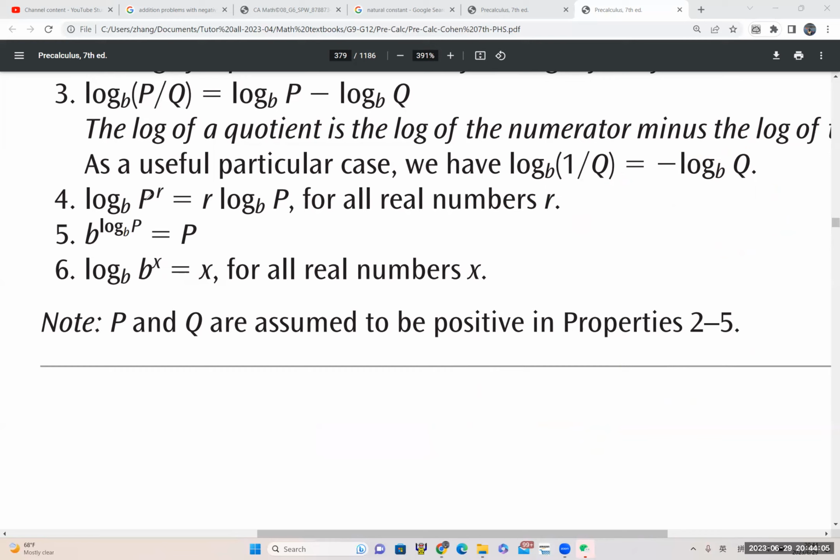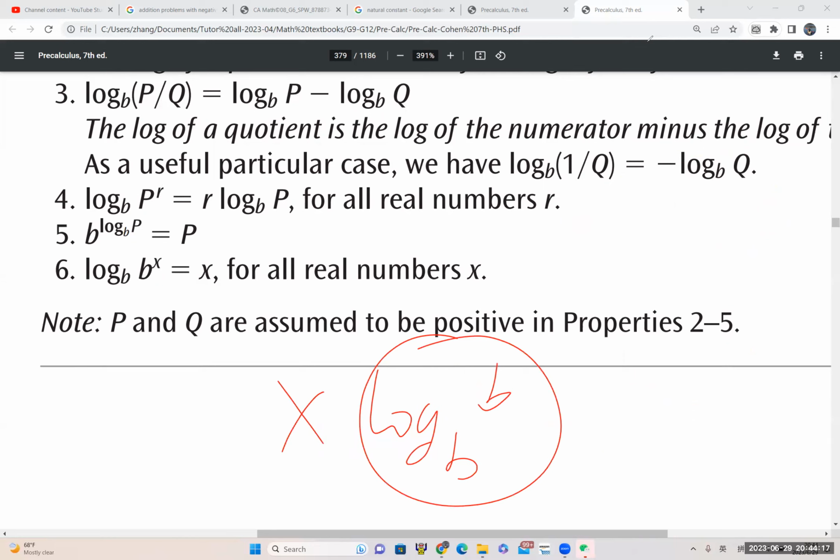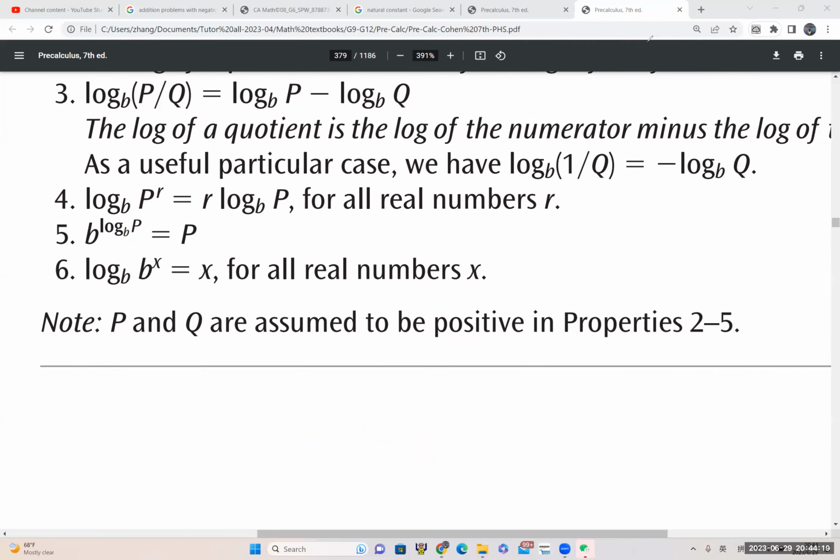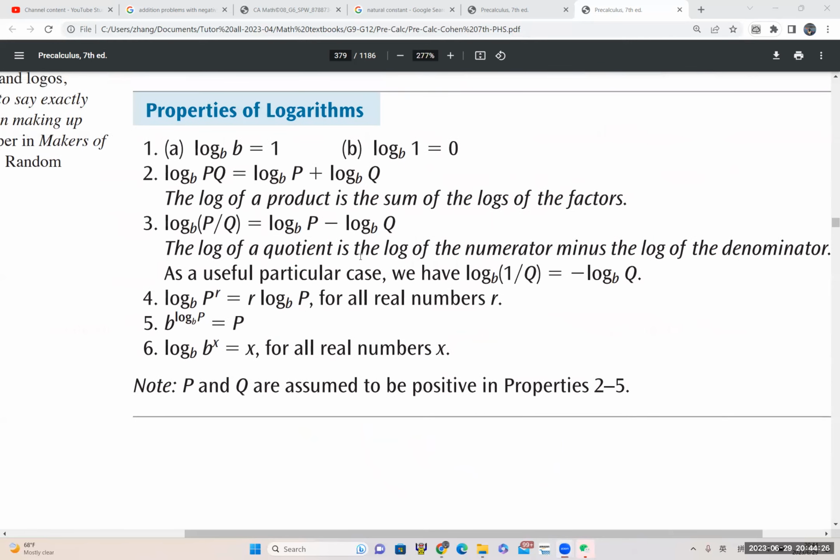Per property 4, this equals x times log b of b, but this is 1. I know we go through this very quickly. If you have any confusion, go back and think about how they prove it.